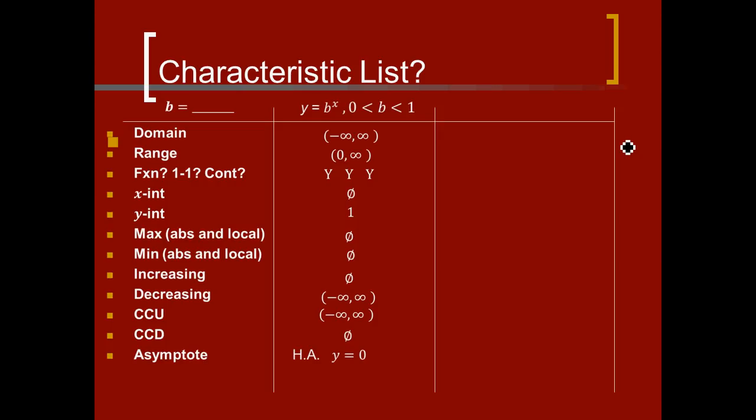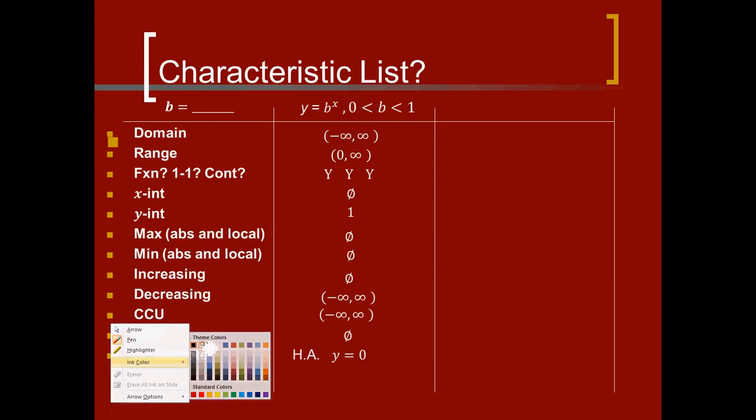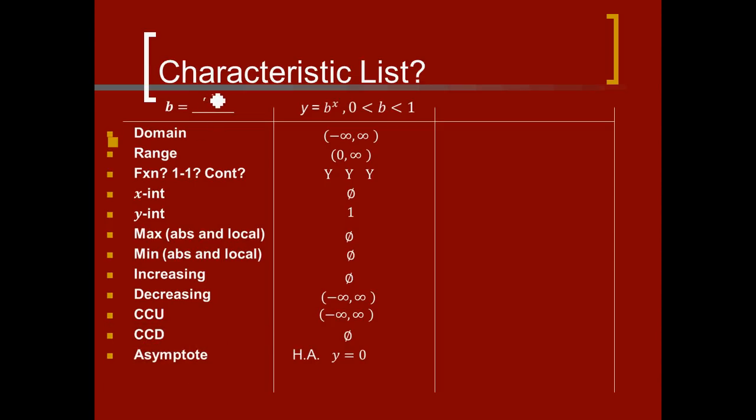How about characteristics for this one? With a base of 1/7, if you know your exponential characteristics for any base, by the way, between 0 and 1, these characteristics don't change. That's also really sweet.